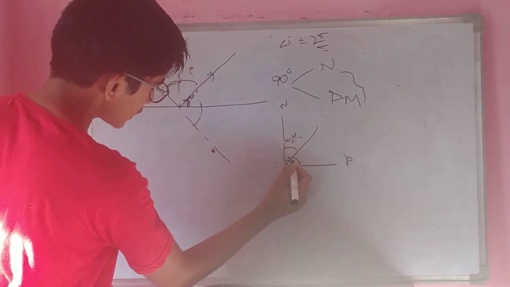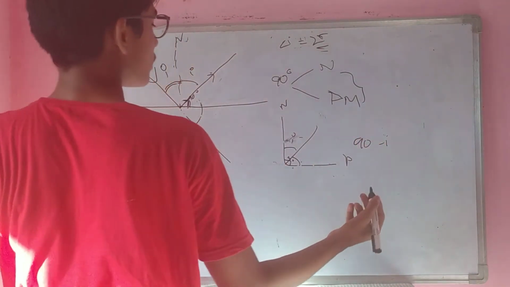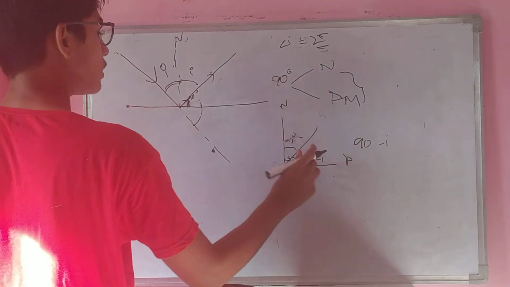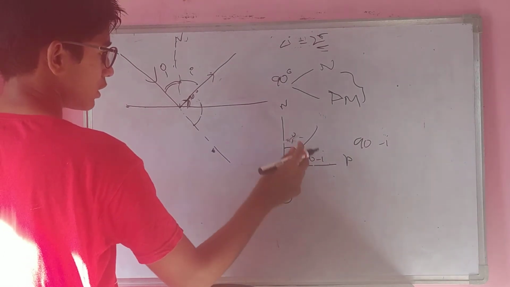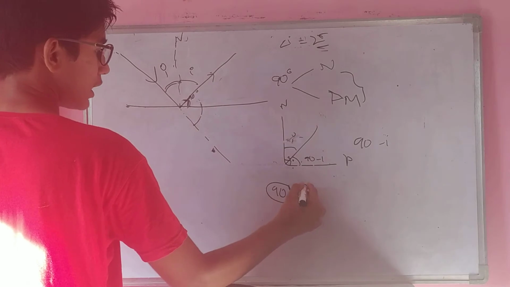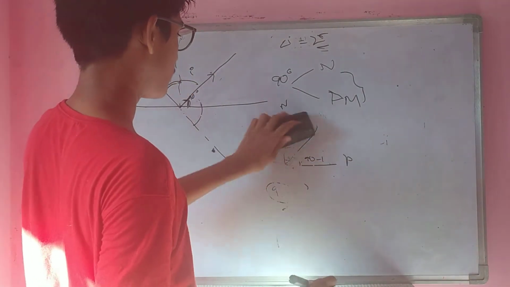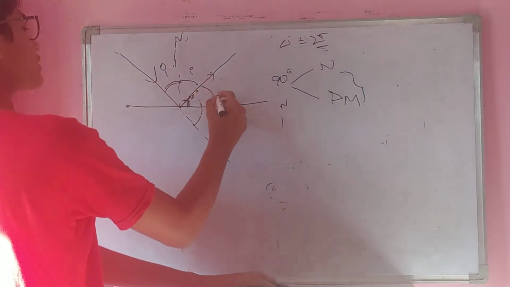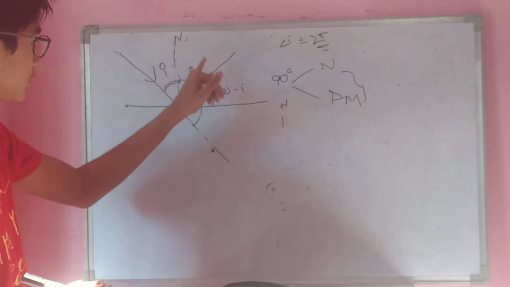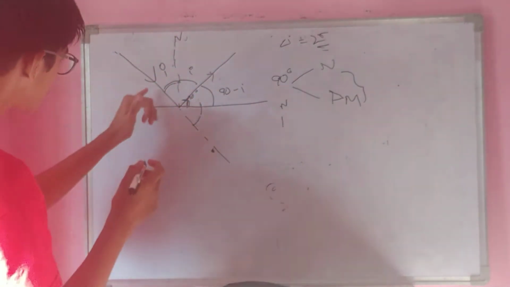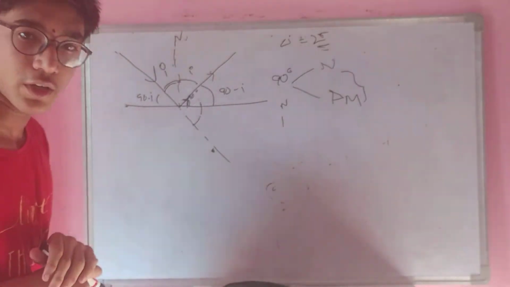This total is 90, this small angle is I, so the remaining angle is 90 minus I. 90 is the total angle, and from that I am removing the small angle I. So I can write this angle as 90 minus I. This is 90 minus I, this is I, this is I. So this is also 90 minus I. These both are perpendicular. Okay?